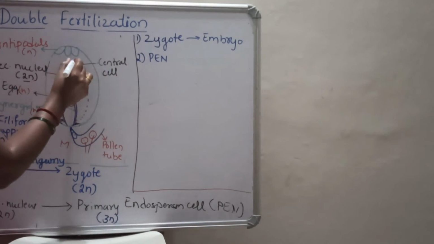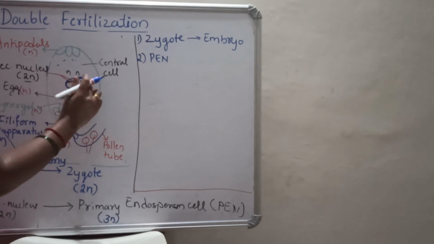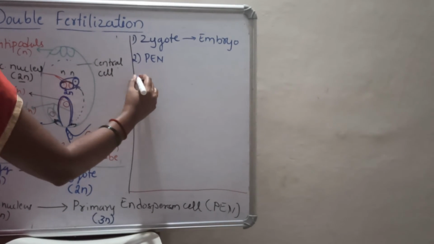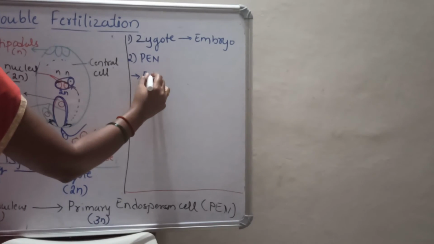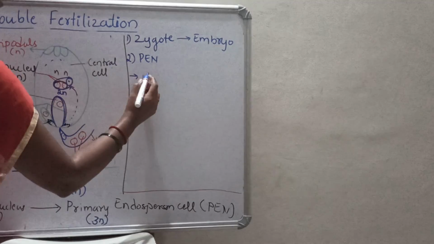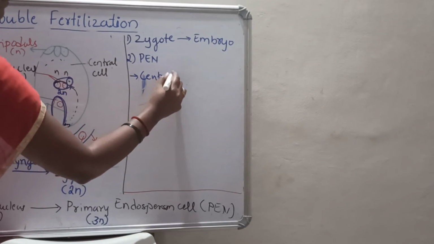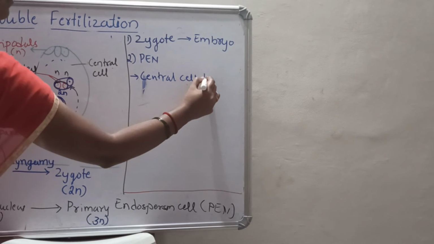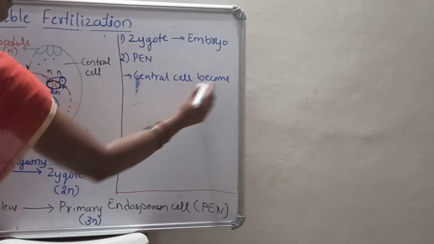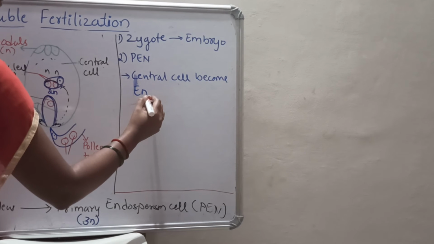Later this is the central cell, and that central cell becomes endosperm.